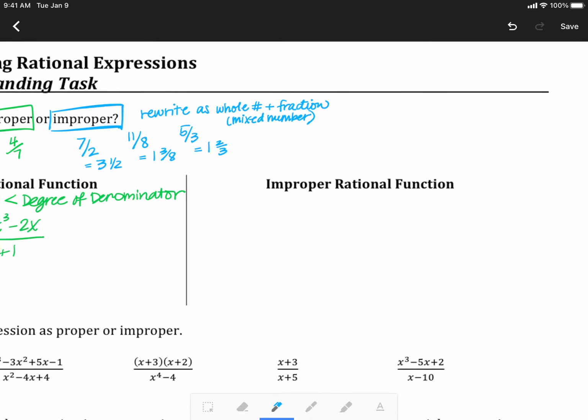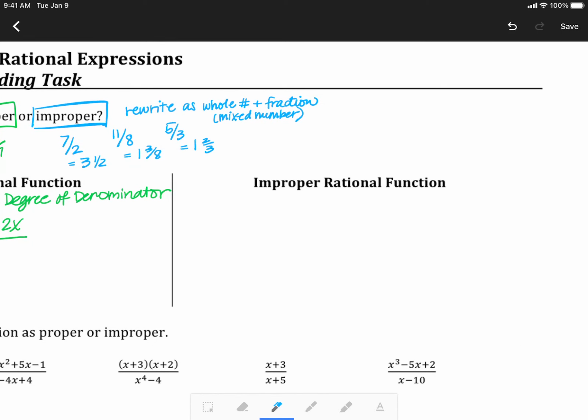So let's talk improper. If improper as a number meant that the numerator was greater than the denominator, that's going to be the same thing for our improper rational functions, but in this case, it's going to be the degree.